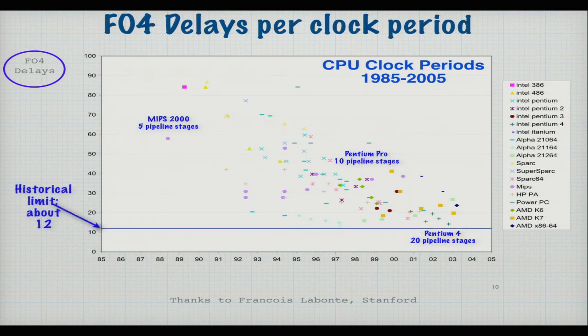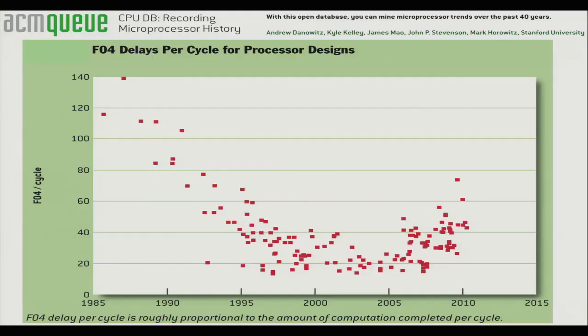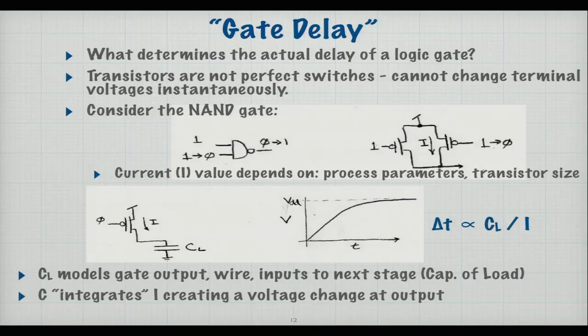This is kind of the historical limit of about 12. What happened after the Pentium 4 is that the curve started going the other way. The processors started having fewer pipeline stages and more stages of logic per pipeline stage. This is mainly for energy efficiency reasons that we'll talk about in a few weeks.